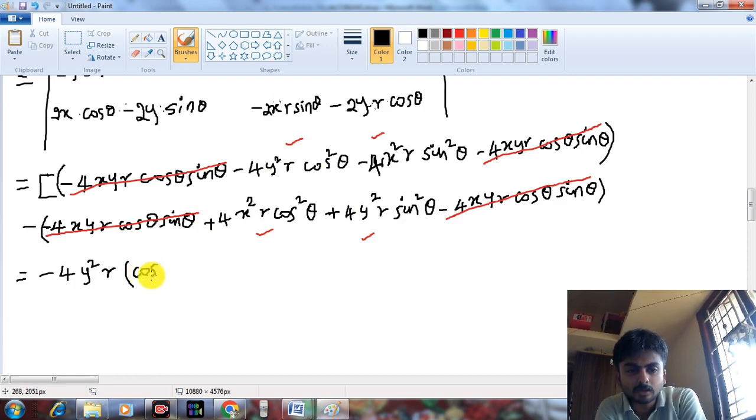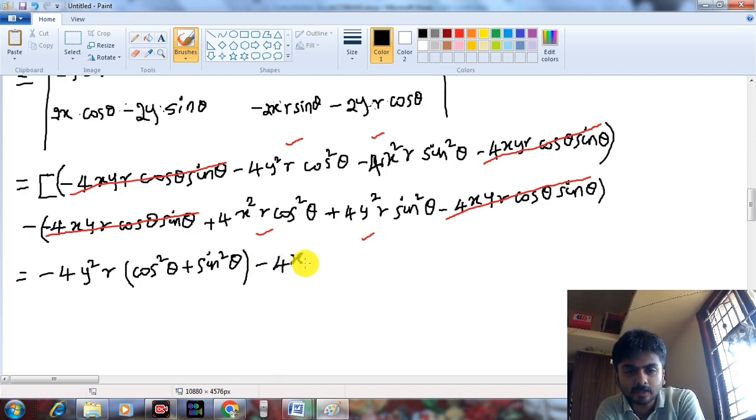Cos square theta plus sin square theta. Then again we have minus here, so we shall take minus outside. So minus 4, we shall take x square r common outside.